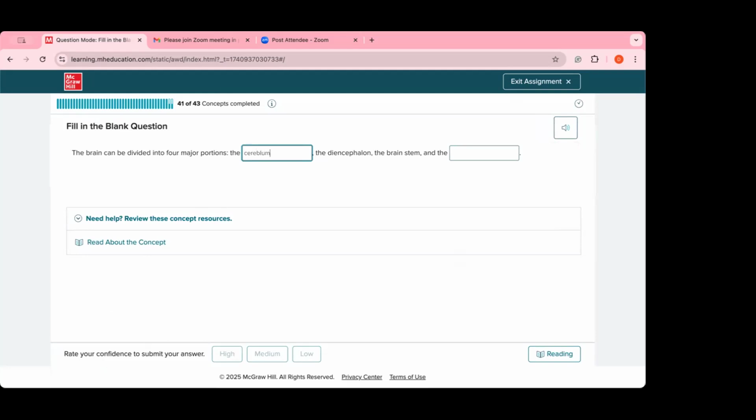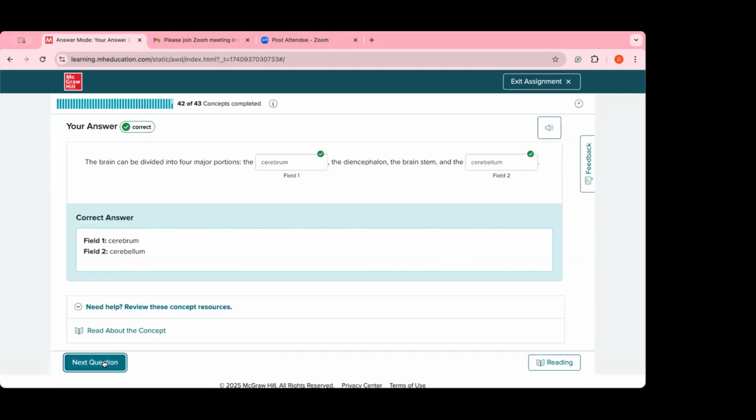No, see, cerebrum, not M, cerebrum. And the cerebellum, C-E-R-E-B-E-L-L-U-M, cerebellum. Okay.